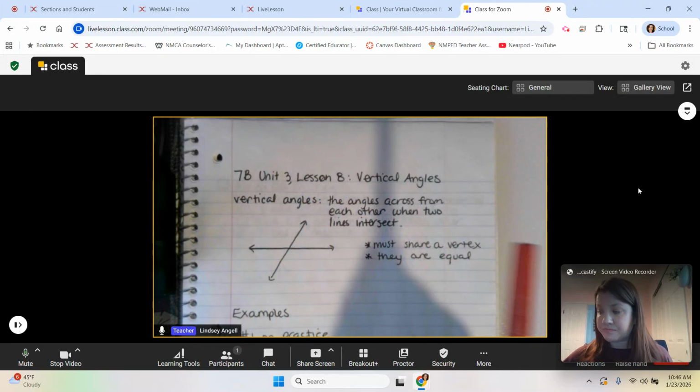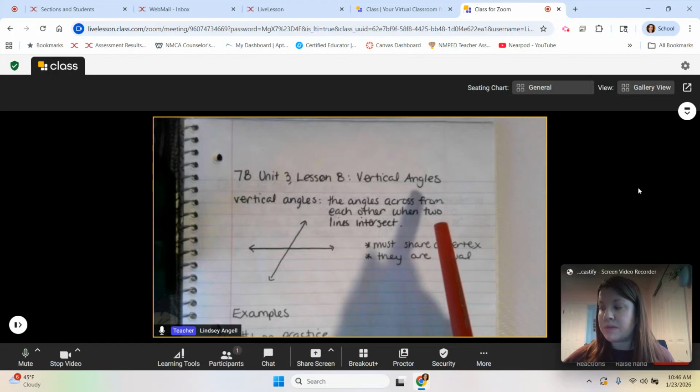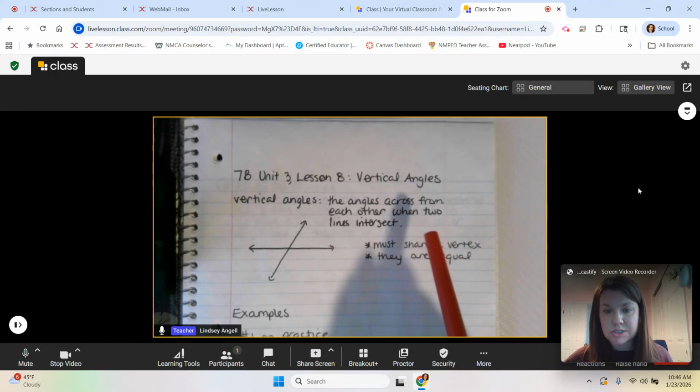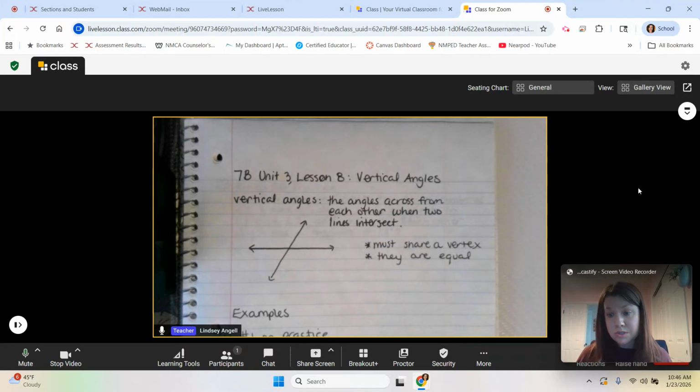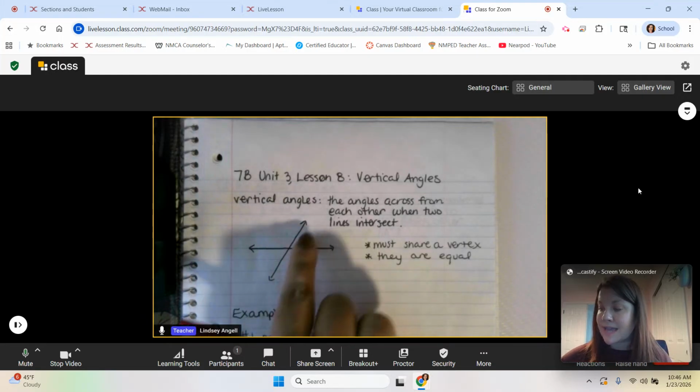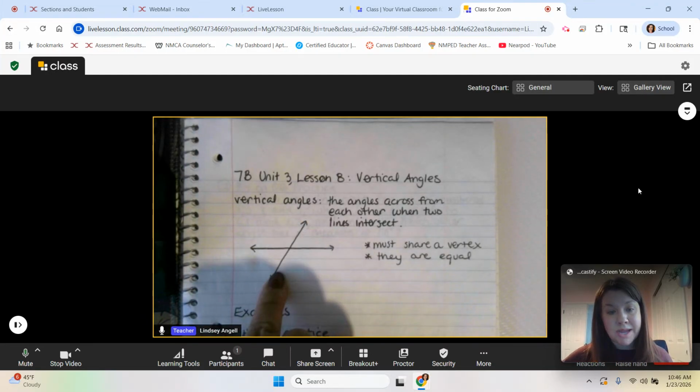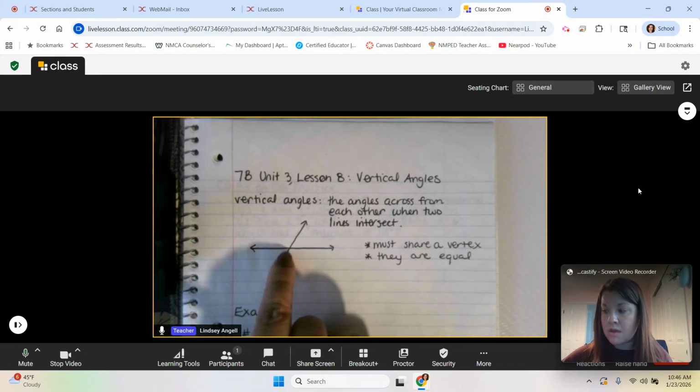Vertical angles: the angles across from each other when two lines intersect. A couple things. They must share a vertex and they are equal. Those are two important facts about vertical angles. In this case, notice I have two lines that are intersecting. Here's my vertex, right?